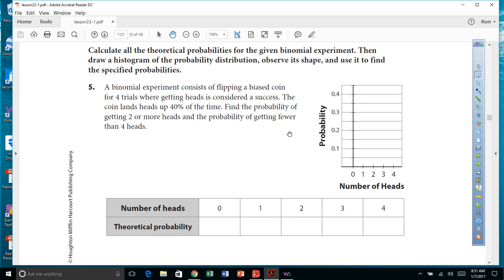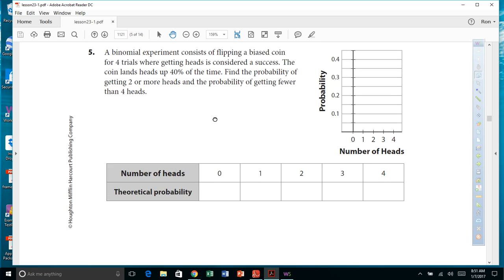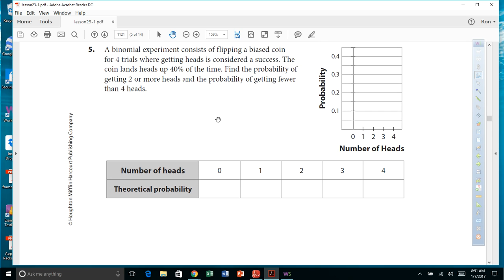Calculate all the probabilities for a given binomial experiment. Then draw a histogram of the probability distribution, observe its shape, and use it to find the specified probabilities. A binomial experiment consists of flipping a biased coin for 4 trials, where getting heads is considered a success.